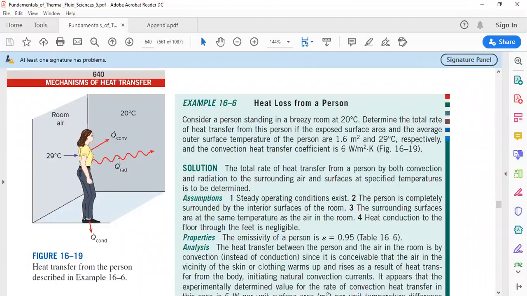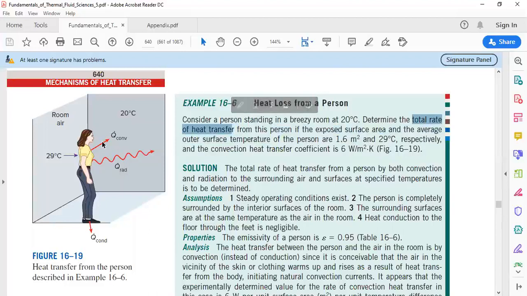Since there's a moving flow of air in the room, which is at a temperature of 20 Celsius degrees, the person now has a surface area of 1.6 meters square and an average surface temperature of 29 Celsius degrees. The convection heat transfer coefficient is taken to be 6 watt per meter square Kelvin. We want to determine the total rate of heat transfer.